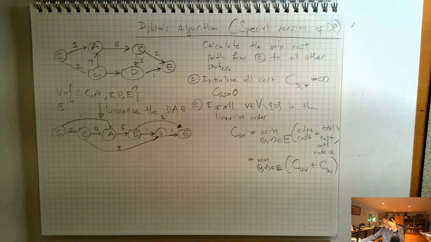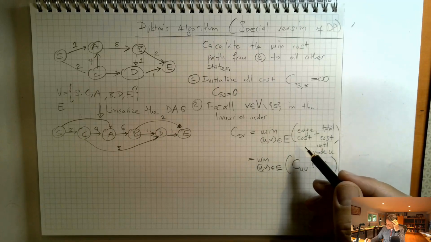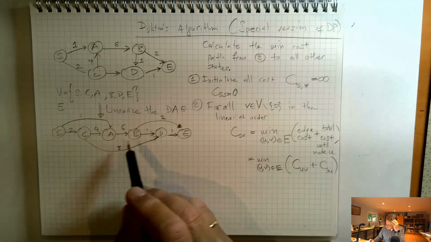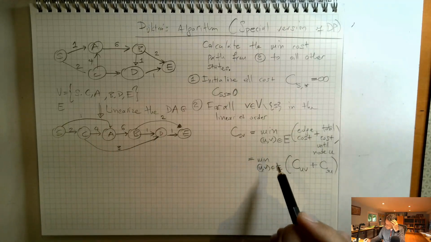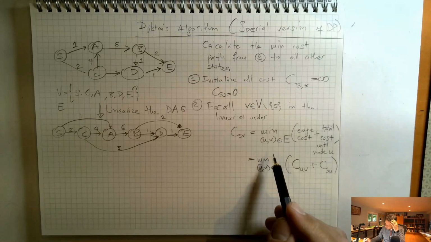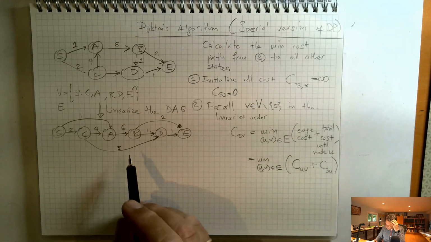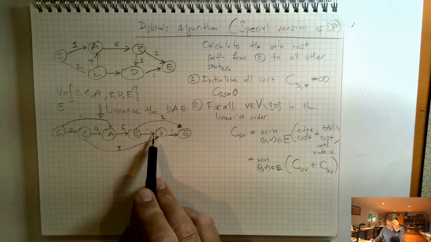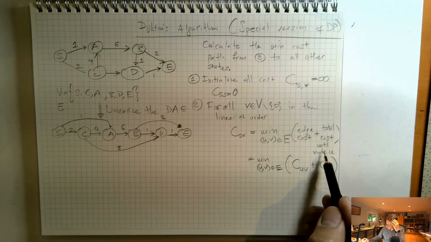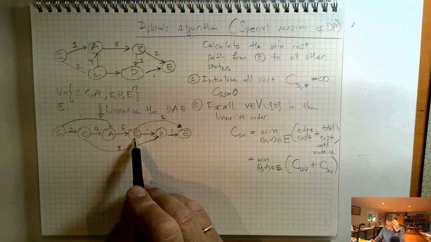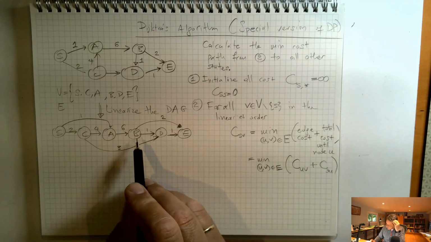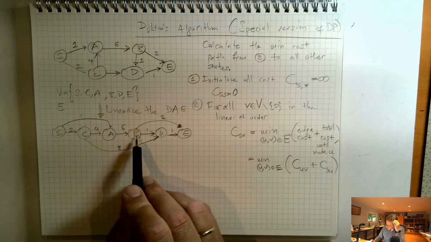This formula makes complete intuitive sense to me, as it basically says that the cost from S to V, let's say the cost from S to D, is the minimum of the total cost until we reach node B plus the edge cost from B to D. So this is the minimum.